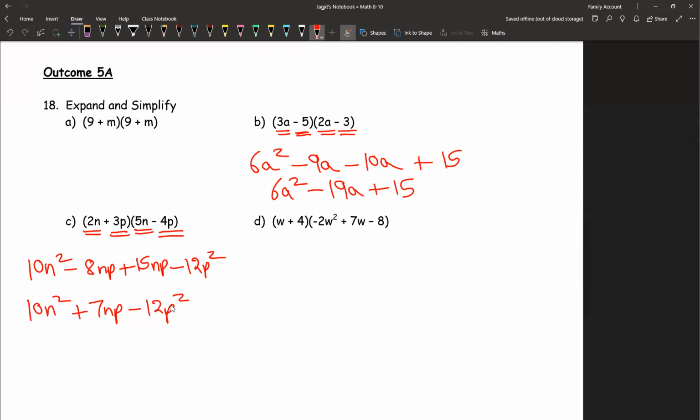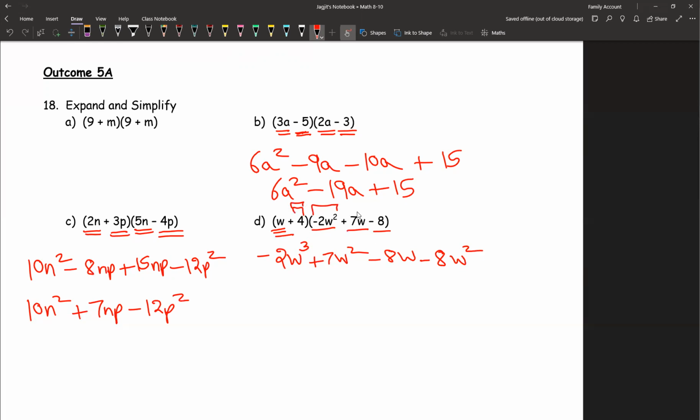Does that make sense? You take w, multiply with this, that gives you minus 2w cubed. And you take w, multiply with this, you get 7w squared. And you take w, multiplied with this, you get minus 8w. Then you take 4, multiply with this, you get minus 8w squared.